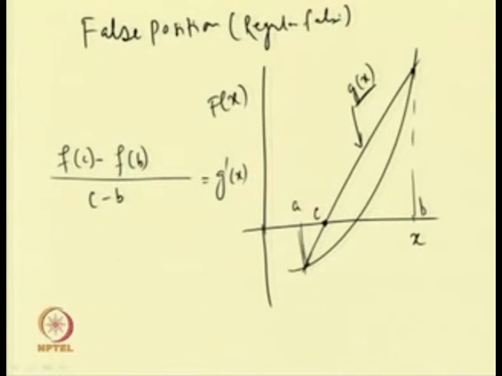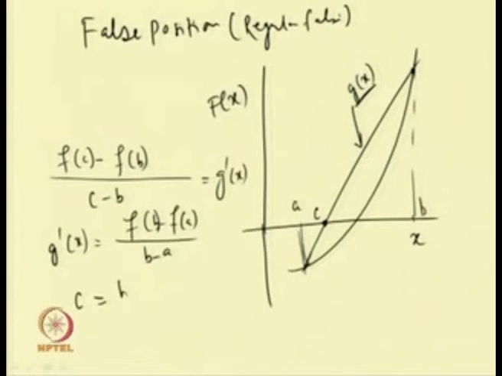From this we obtain g dash x, which is equal to f b minus f a by b minus a. Then we can find the point C, for which it will be 0, from this equation: C will be equal to b minus f b by g dash x.